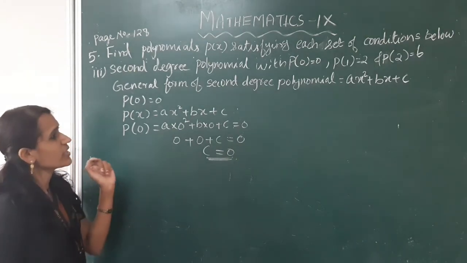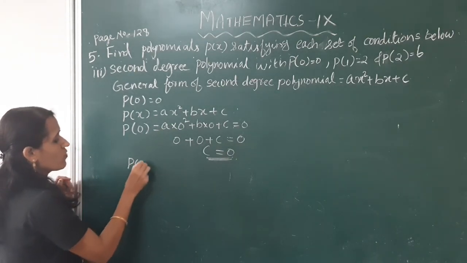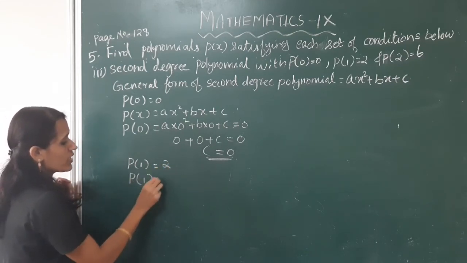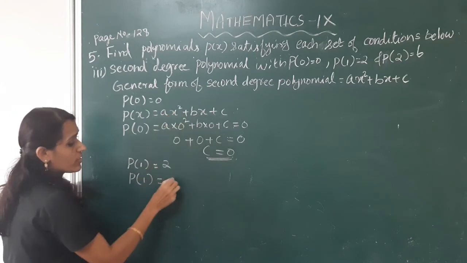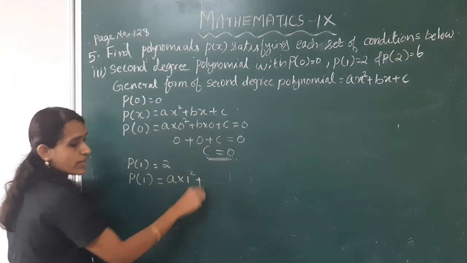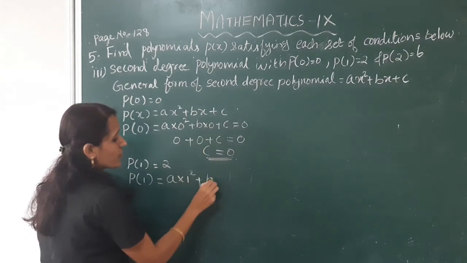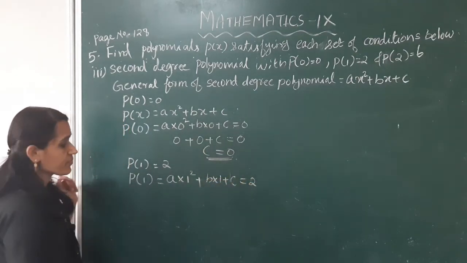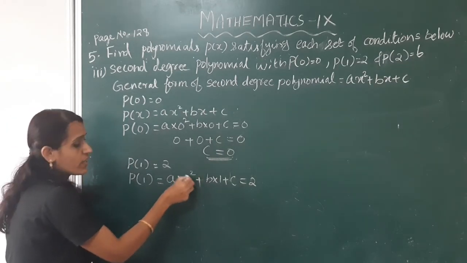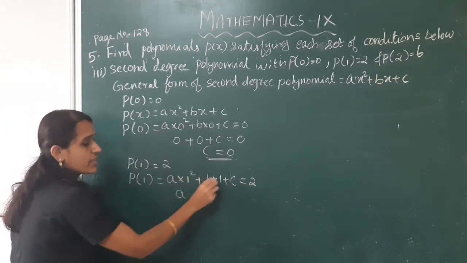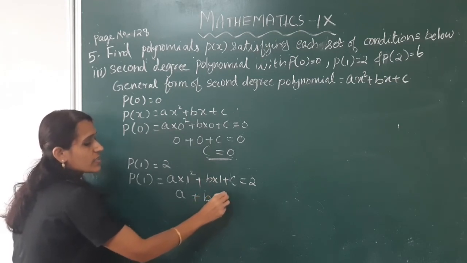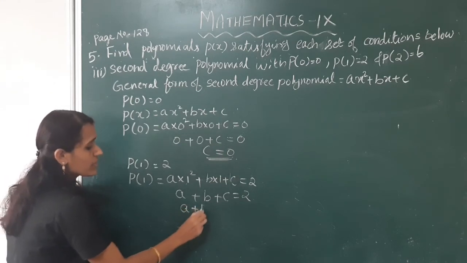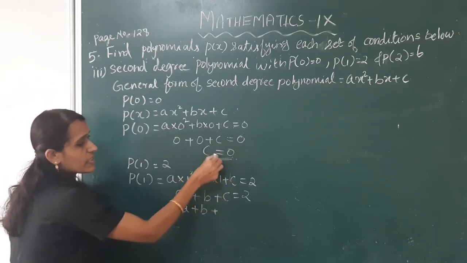Okay. Next condition, p of 1 is equal to 2. P of 1 is equal to, substitute here, a into 1 square plus b into 1 plus c is equal to 2. 1 square is 1, so 1 into a plus b into 1, b, plus c is equal to 2. a plus b plus, here c is 0.